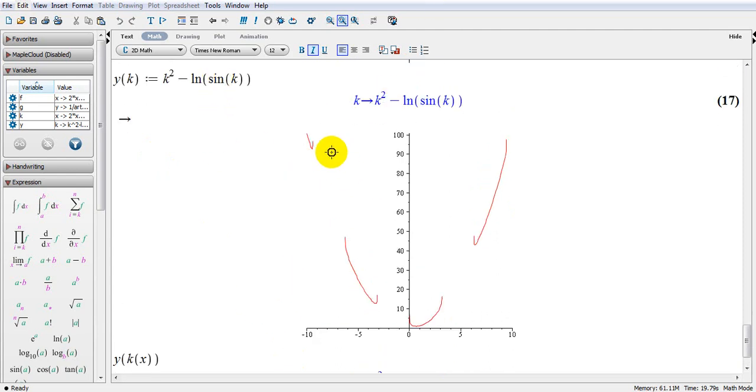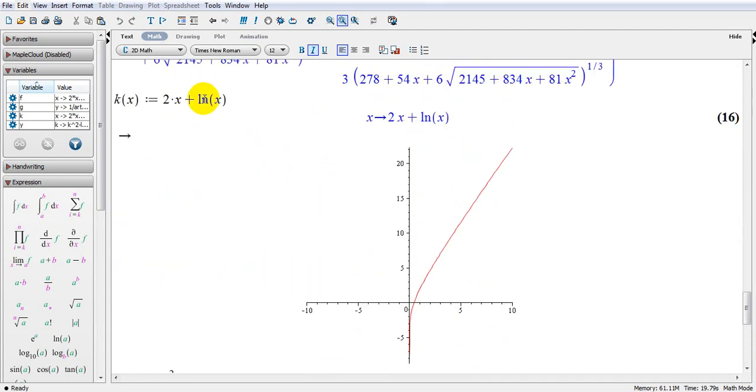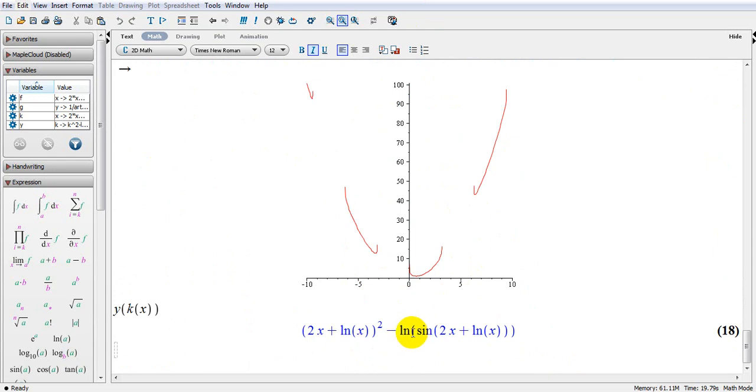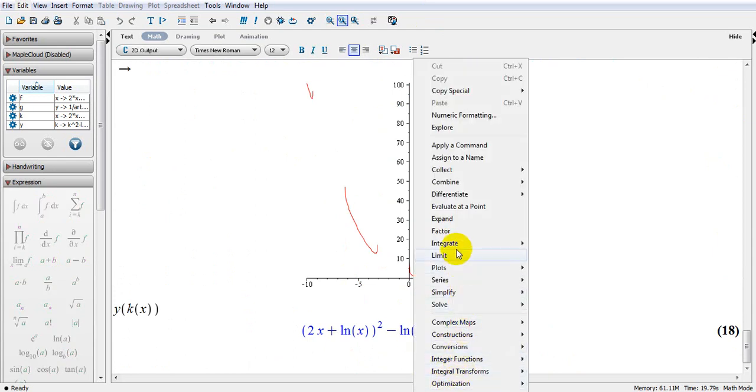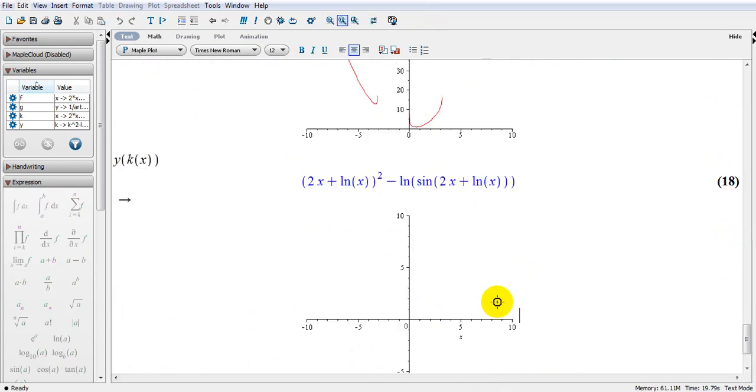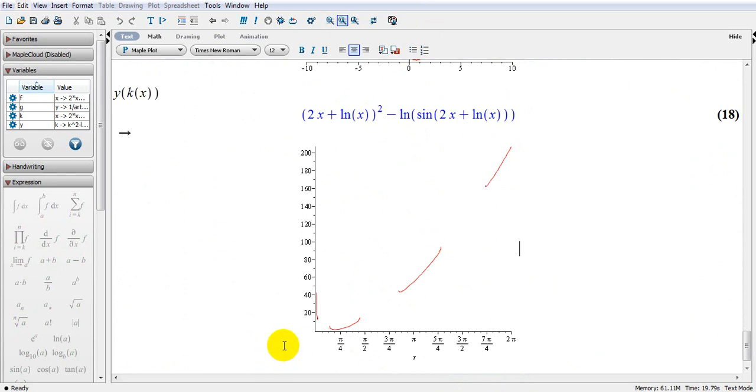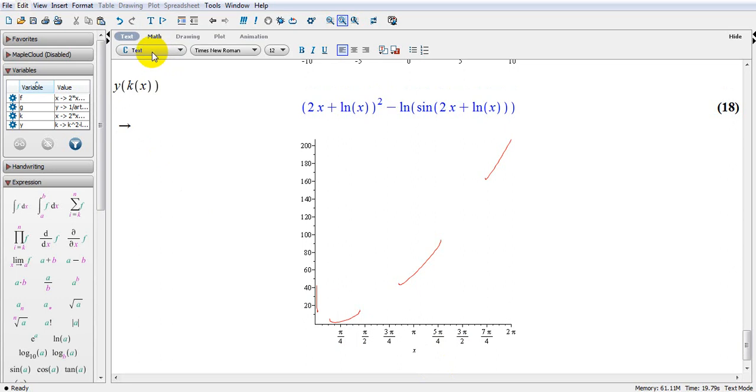Whenever I had k, it replaced the value of k, which is here, and I can right click on it and plot this as well. It would be a little more complex shape, something like this, which comes very handy. I can continue that with another function in which y is a variable, and this can be continued as much as is required, depending on the problem.